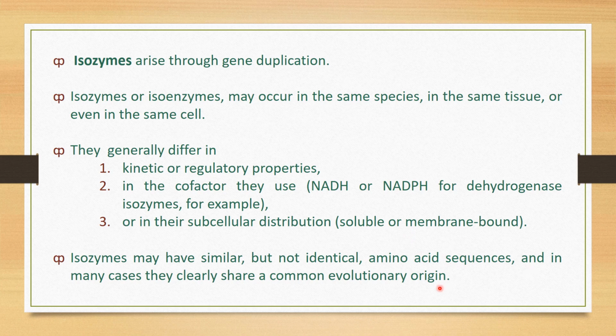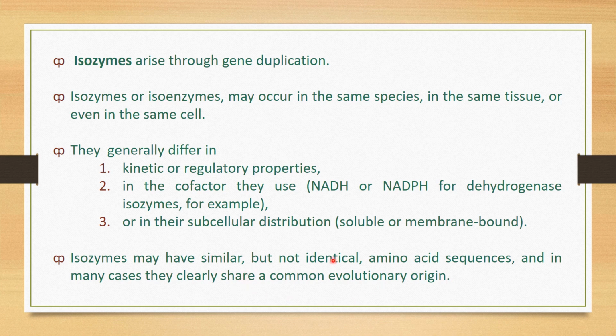They have similar but not identical amino acid sequences. You know that the primary structure of a protein is determined by the sequence of amino acids. If the sequence is different, then there are slight differences. So they have very similar amino acid sequences, but not identical. This clearly points towards the evolutionary origin of these enzymes.